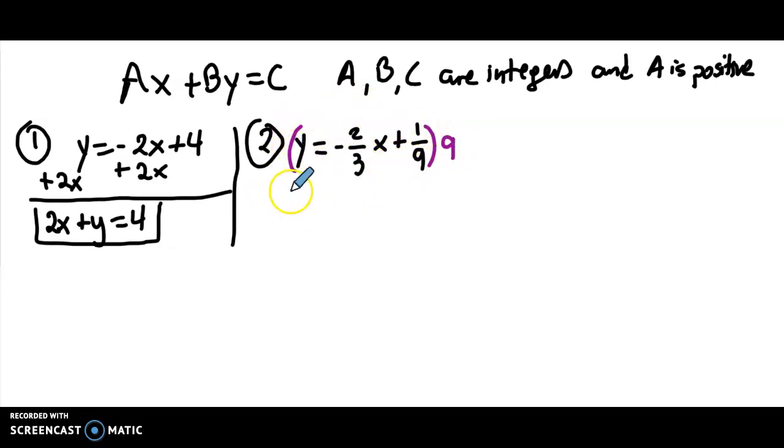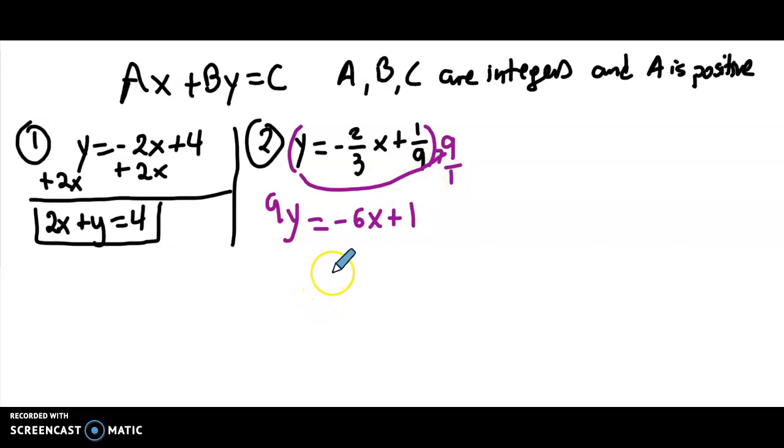So y times 9 is 9y. A negative times a positive is negative. We multiply fractions across, so it's negative 18/3, which is negative 6. Don't forget the x. A positive times a positive is positive, and 9/9 is 1.